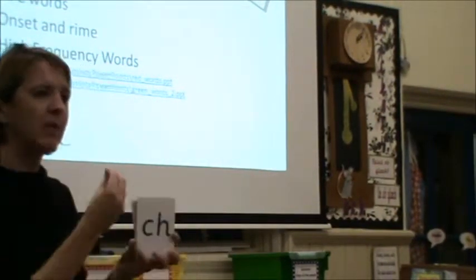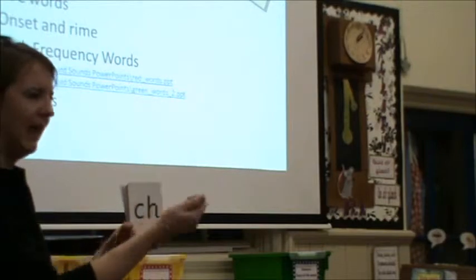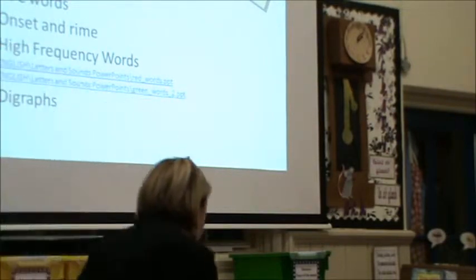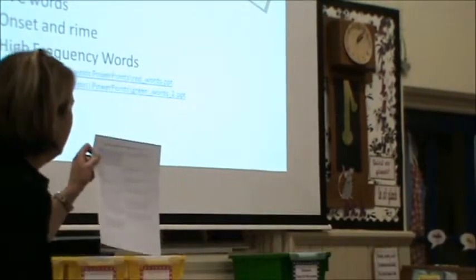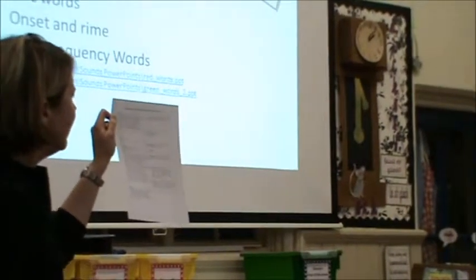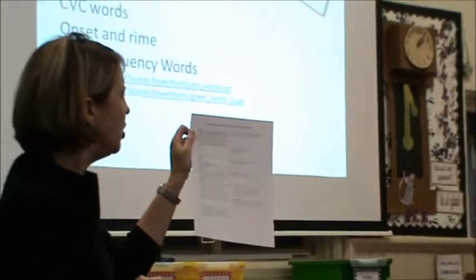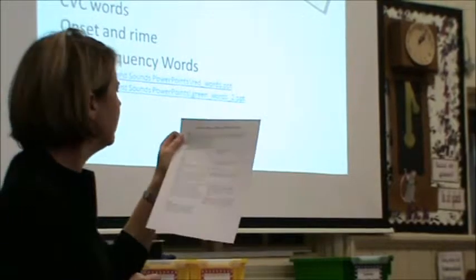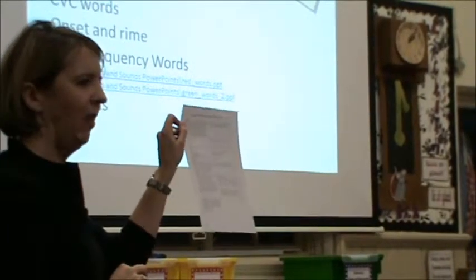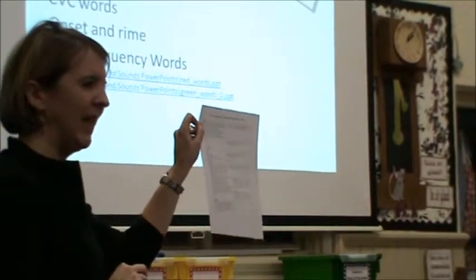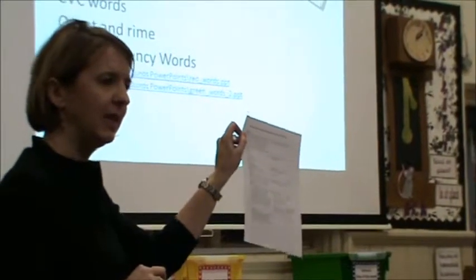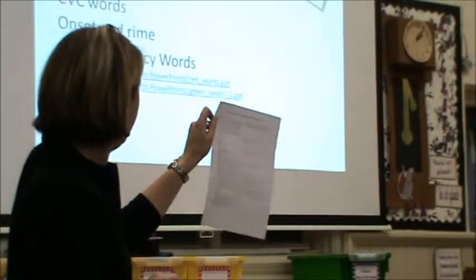But the idea is, if you've got a bank of them, you use them rapidly, hence speed sounds. If you look at those first five sets in phase 2, you can see that within just the first two sets, as soon as those graphemes are recognised, they can make all sorts of CVC words and apply that.